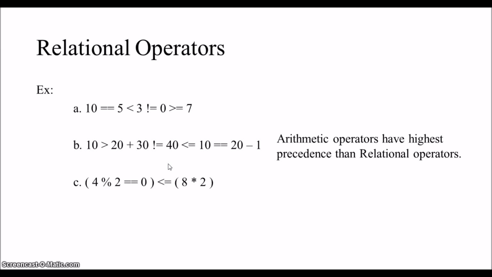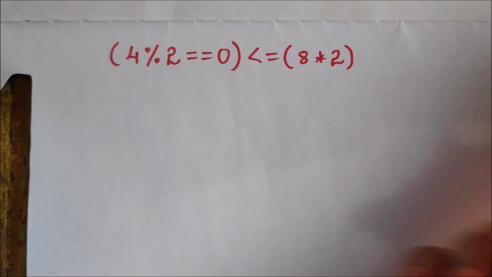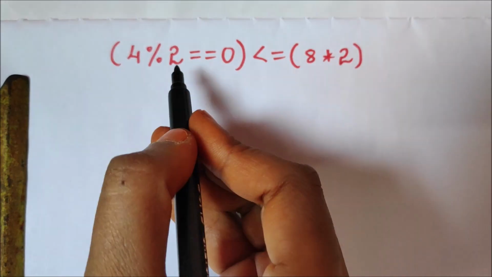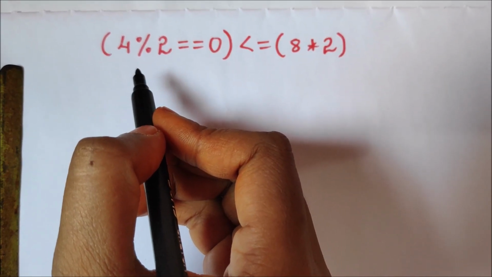So this is the third example, which consists of parenthesis, arithmetic operator and relational operator. Always remember, parenthesis should be evaluated first and then the remaining part. So let's evaluate this and check what will be the output. This example consists of parenthesis, so let's evaluate this parenthesis first. 4 mod 2, as we have already seen, mod gives the remainder.